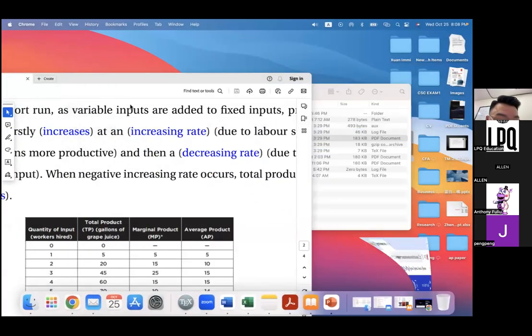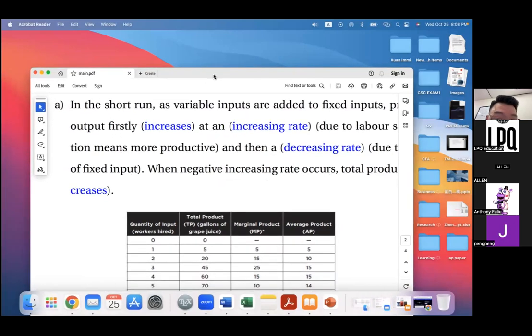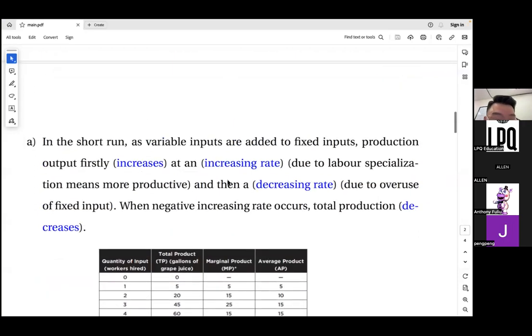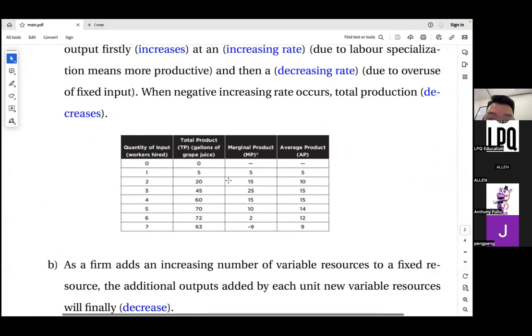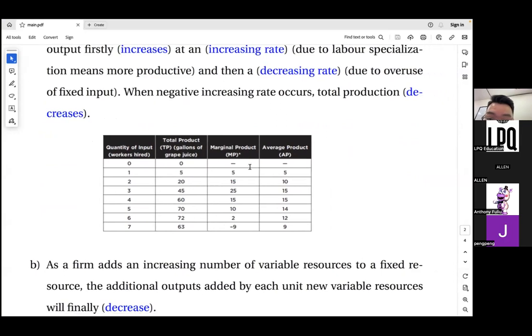Can somebody make a summary regarding what we learned from this video? What we learned from this video, guys?